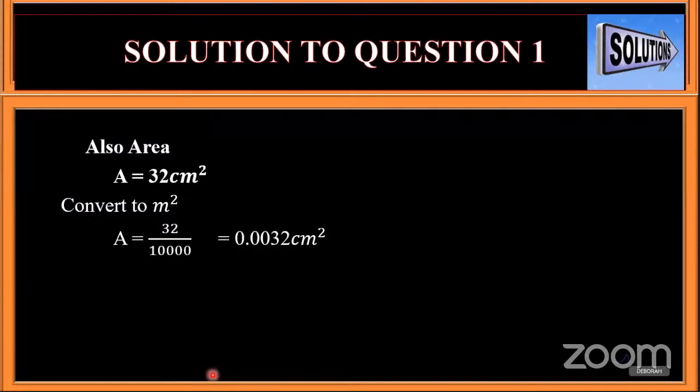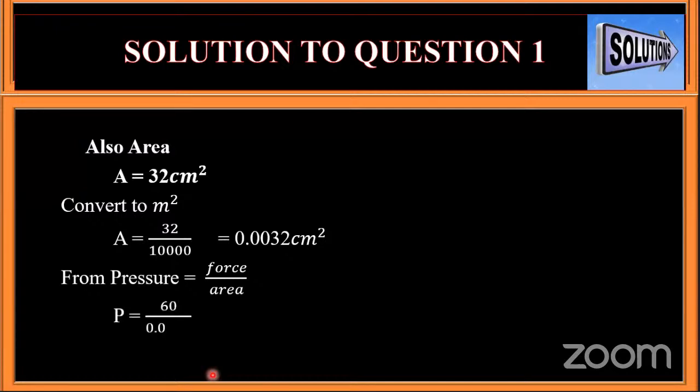Converting from centimeter squared to meter squared, you divide by 10,000. From pressure equals force over area, our pressure will be force, which was 60, divided by area, which is 0.0032. So 60 divided by 0.0032.